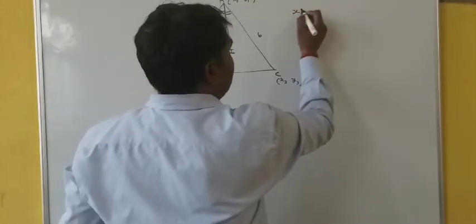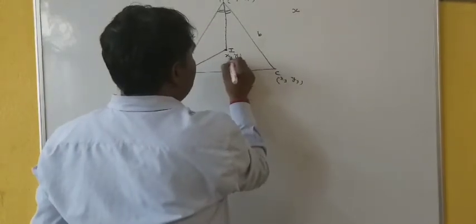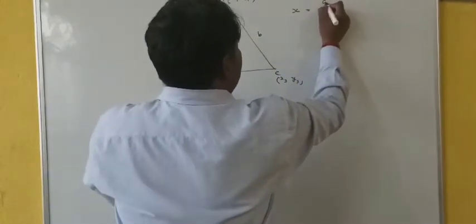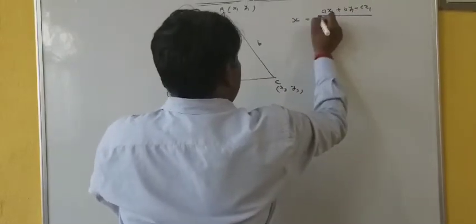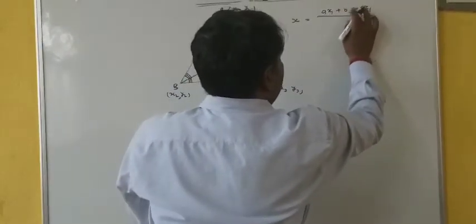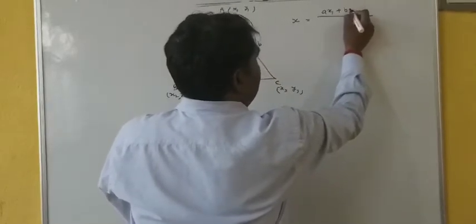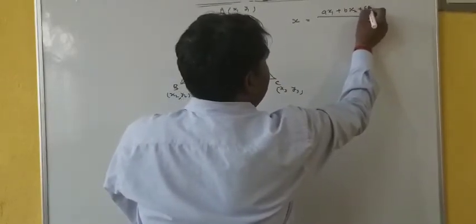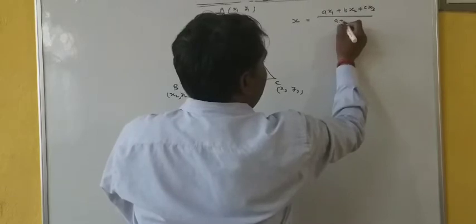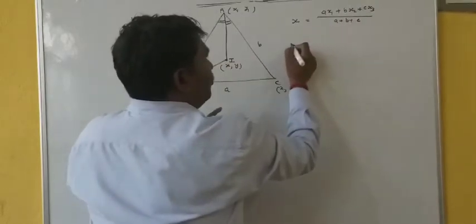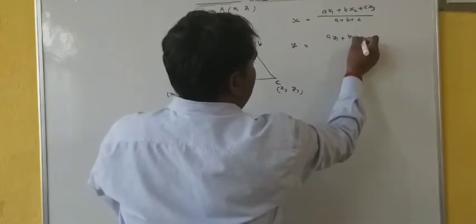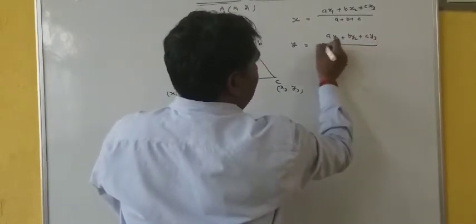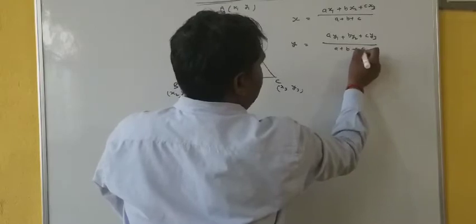How can you find the coordinates of the incenter? Let it be x comma y. So x will be given by ax1 plus bx2 plus cx3 upon a plus b plus c. Now y is equal to ay1 plus by2 plus cy3 upon a plus b plus c.